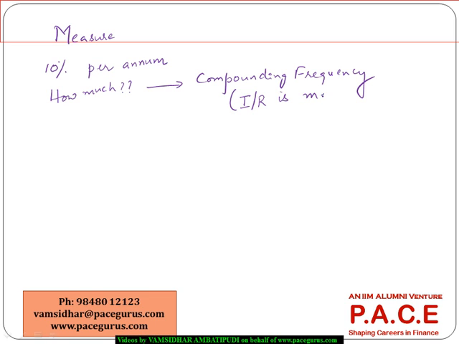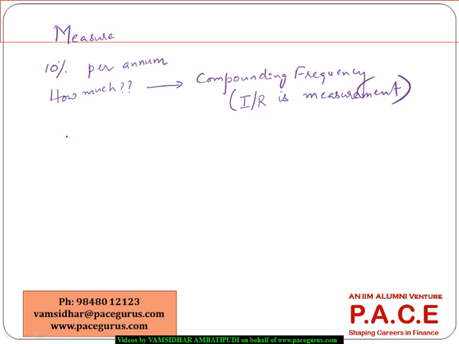Is it measured on a semi-annual basis? Is it measured on a quarterly basis? Or what is the precise method in which it is measured? So the compounding frequency will determine how much we are really going to get.